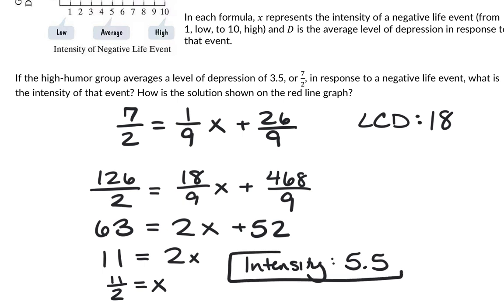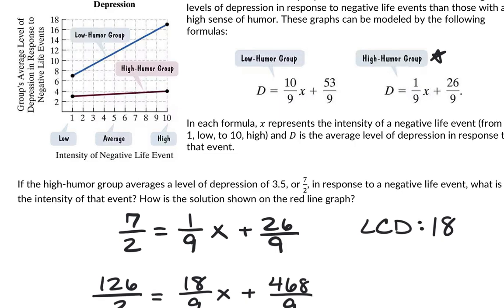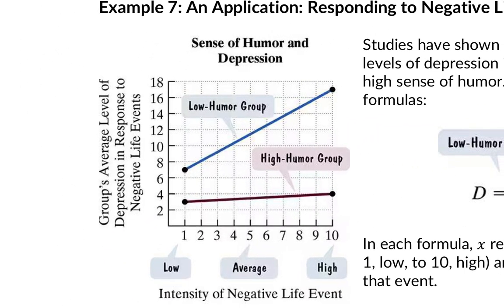Now the answer is the first part. Second part of this question says, how is that solution shown on the red line graph? If I'm looking at this graph right here, and I find 5.5, which is about here, does that correlate-ish to 3.5?